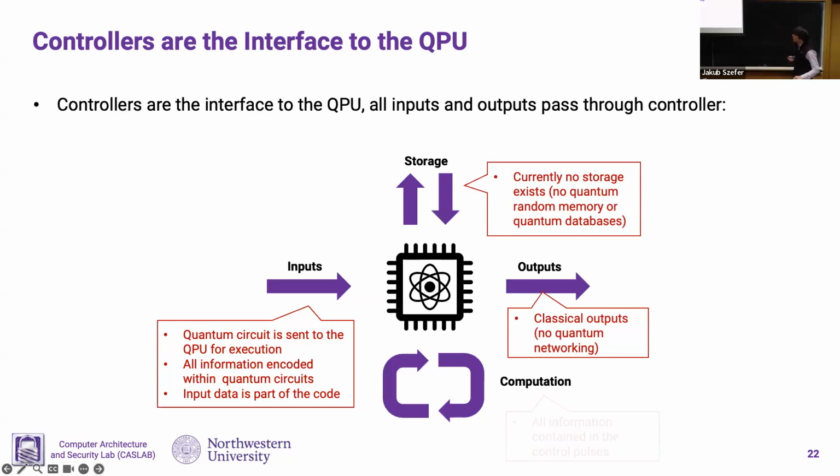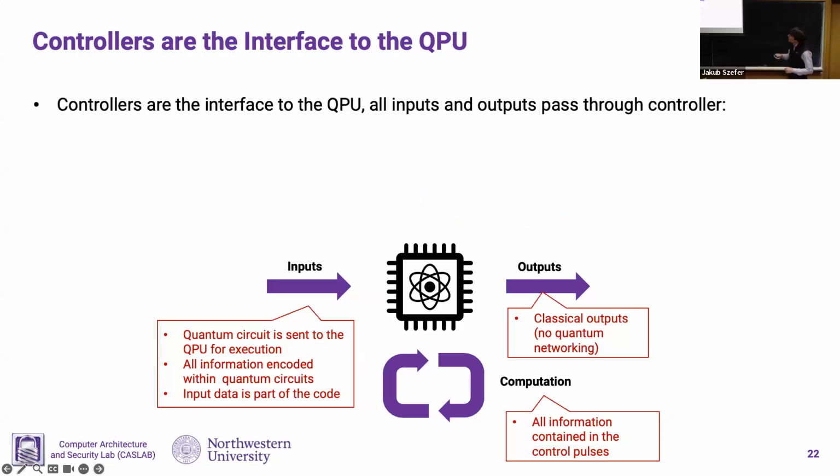In the future, there could be. For the computation, all the information about the computation is contained in the control pulses. So the control pulses determine what the quantum computer does, and all the inputs come in classically, and they're output classically until you have a quantum internet or quantum memory.